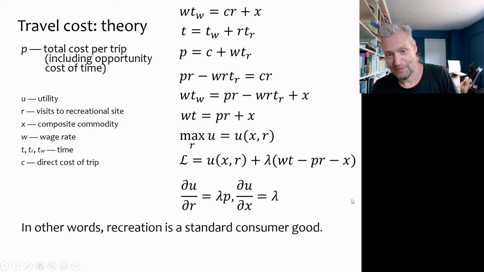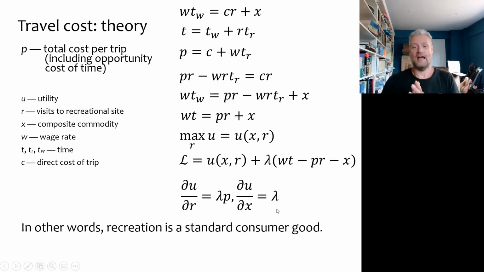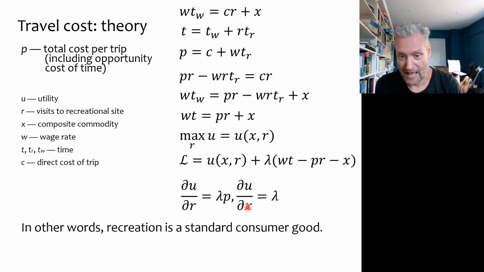and easier to interpret. So we want to maximize utility subject to this budget constraint, so we form the Lagrangian, where lambda is the shadow price, and then the first order conditions are that dU/dX should equal 0.